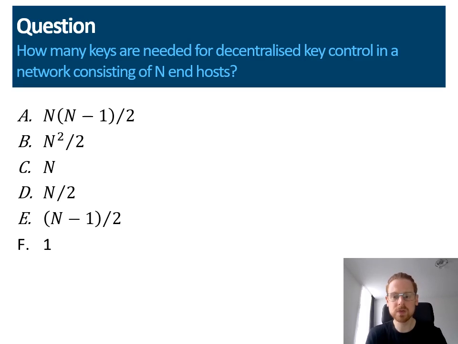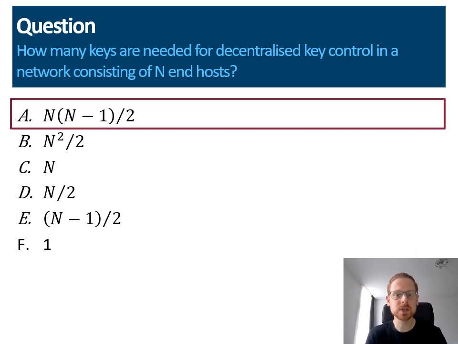Feel free to pause the video and take some time to think about it. And let's take a look at the correct answer. The correct answer is n times n minus 1 divided by 2, because each of the n end hosts needs to have a pre-shared key with the other n minus 1 hosts. Obviously, we divide this by 2, as the two-way communication could use the same key.